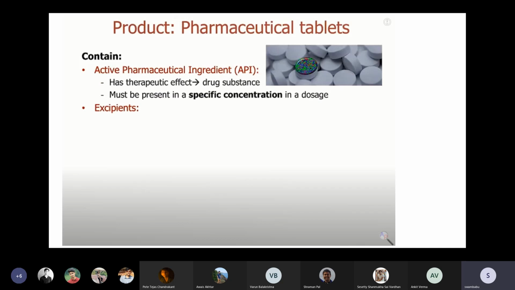The drug, which cures the disease, has to be maintained at a specific concentration. It cannot be high, it cannot be low. But even that specific concentration will always be very, very low, always in milligrams. And it is very hard to handle 20 milligrams of a substance in solid form and sell it.